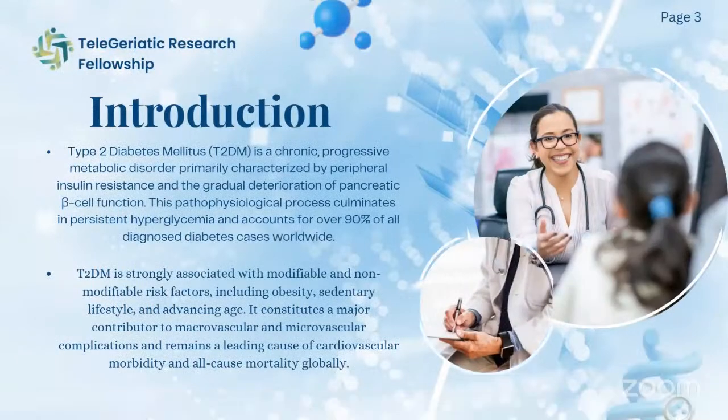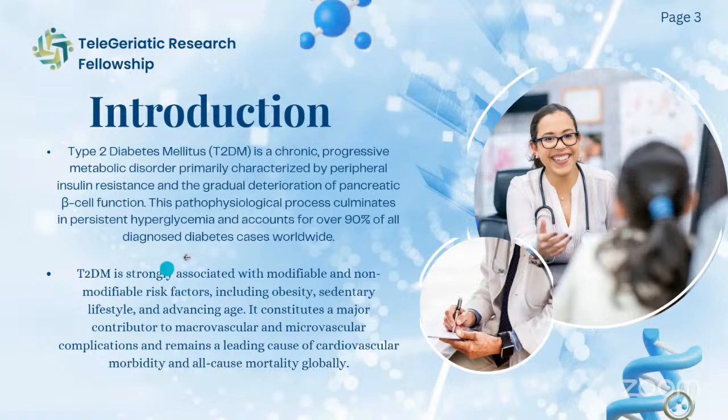The introduction. Type 2 diabetes mellitus is a chronic progressive metabolic disorder primarily characterized by peripheral insulin resistance and the gradual deterioration of pancreatic beta-cell function. This pathophysiological process culminates in persistent hyperglycemia and accounts for over 90% of all diagnosed diabetes cases worldwide.